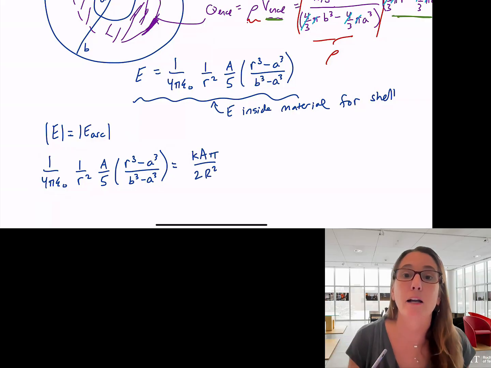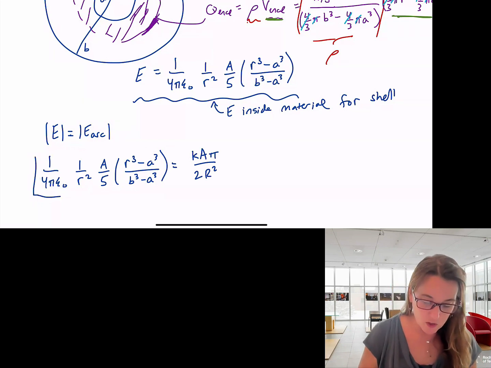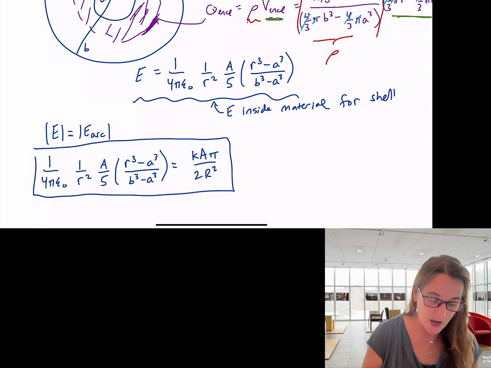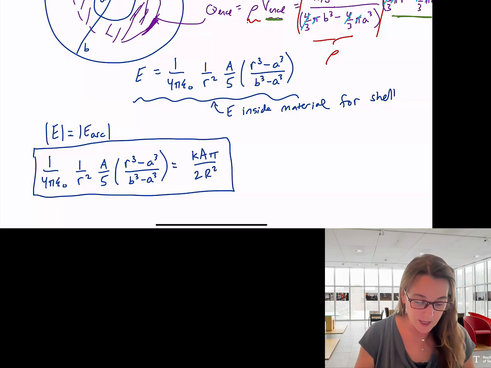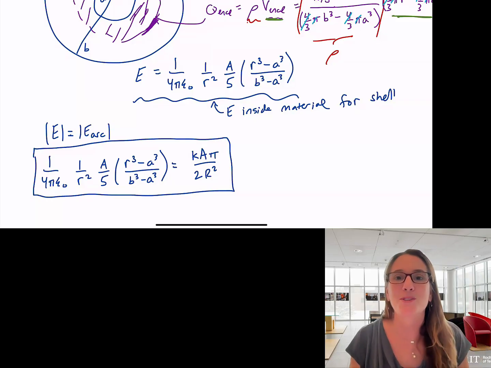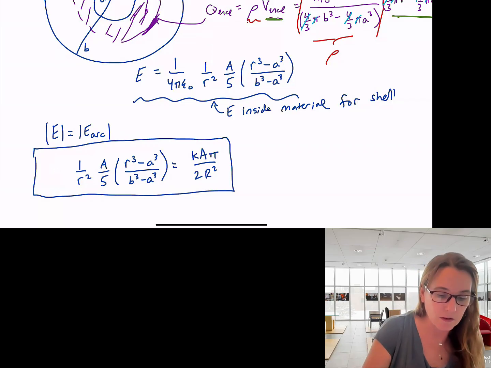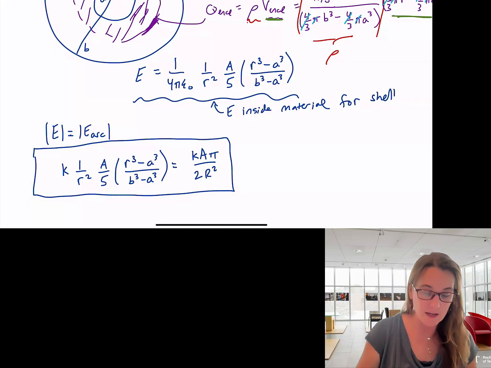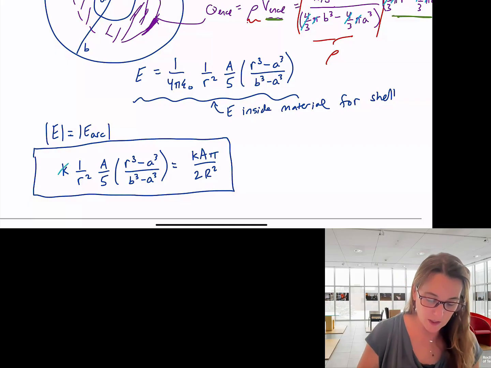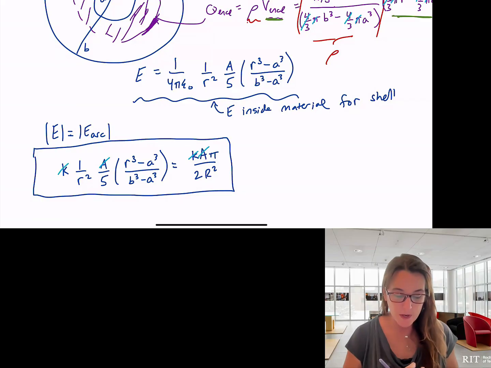And again, we're just setting magnitudes equal to each other so that they can cancel out. Then I do have an equation that I can solve for little r. It does simplify a little bit because that 1 over 4 pi epsilon naught is in fact k. So I do have some cancellations of my k's and my a's just as before.